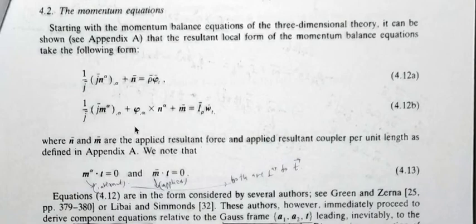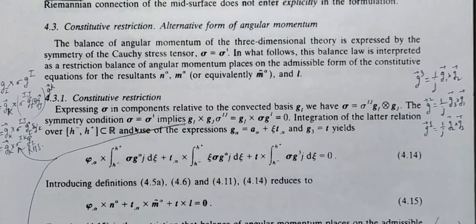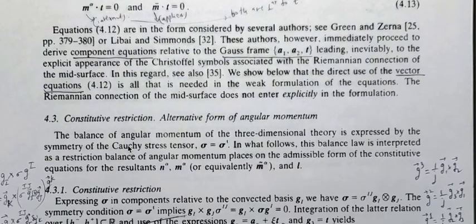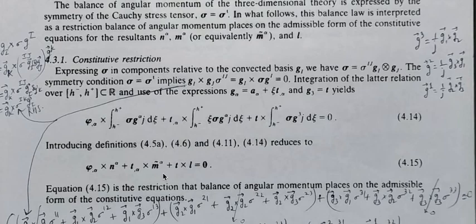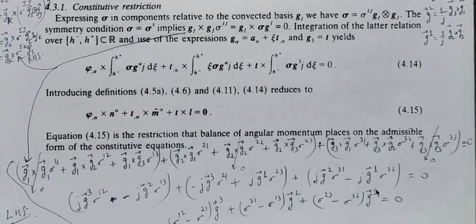So in one of the places we either remove m^alpha or remove m tilde^alpha and write one in terms of the other, otherwise it will be difficult to combine both of these equations. We are going to remove m^alpha and retain m tilde^alpha. So this is the form of the balance of angular momentum, and this is the restriction which balance of angular momentum places on the admissible form of the constitutive equations.